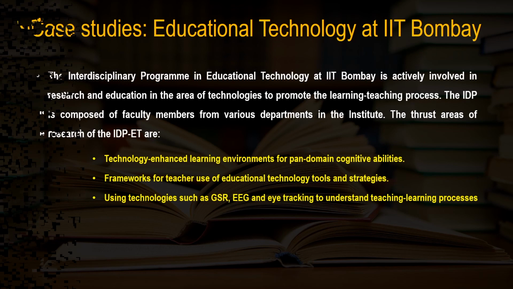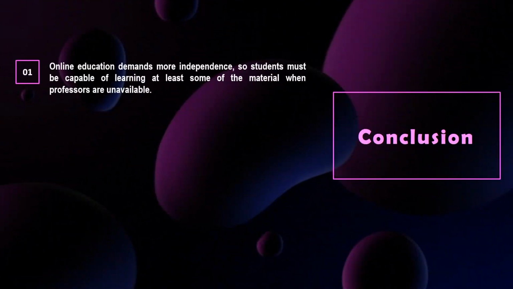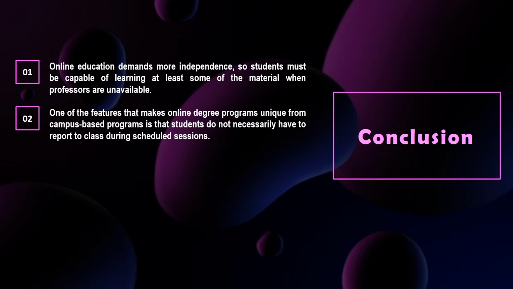So, to conclude this session, online education demands more independence. Students must be capable of learning at least some of the material when the professors are not available. One of the features that makes online degree programs unique from campus-based programs is that students do not necessarily have to report to class during scheduled sessions.